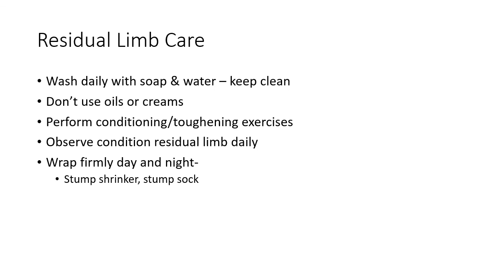Observe the condition of the residual limb daily and wrap firmly day and night. You can use a stump shrinker or stump sock, which is also helpful in shaping the residual limb.